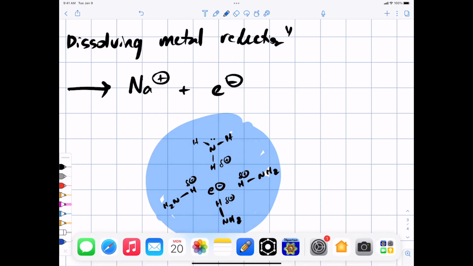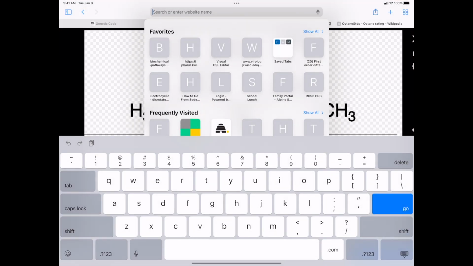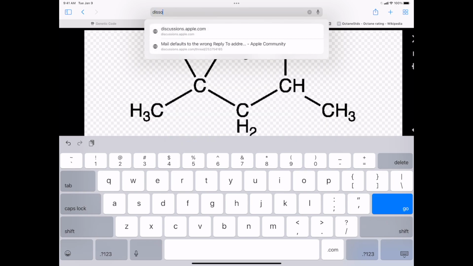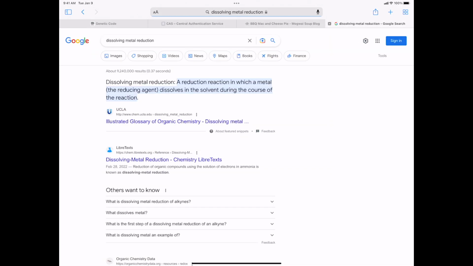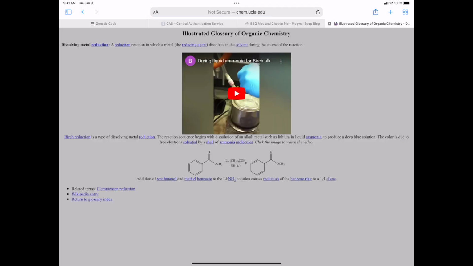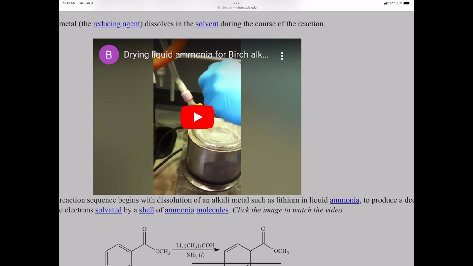So now I will use my Googling superpowers to show you what this looks like. Dissolving metal reduction. Illustrated glossary of organic chemistry. Let's see how illustrated it is. Full screen is unavailable.